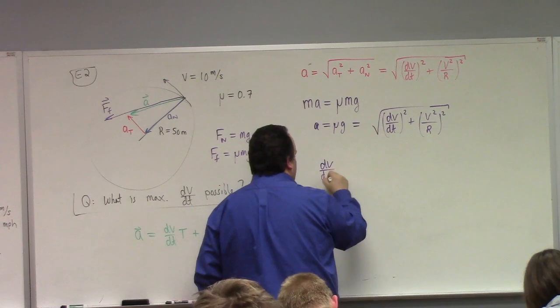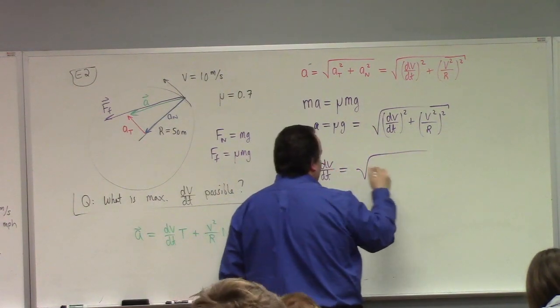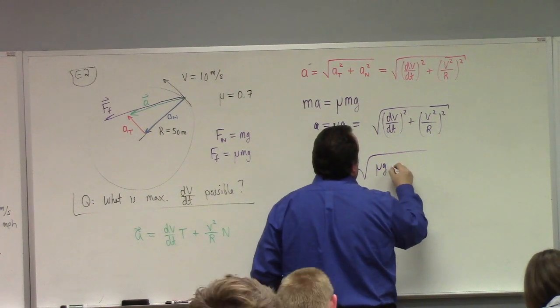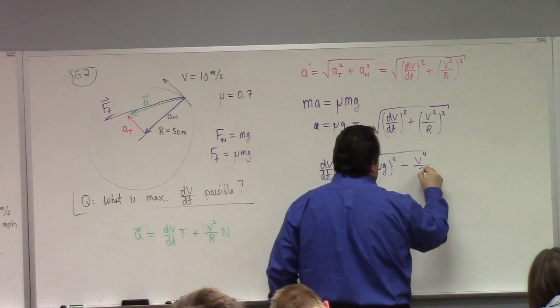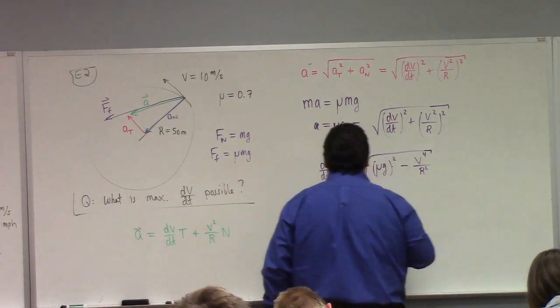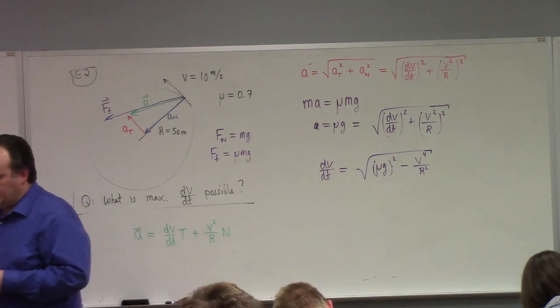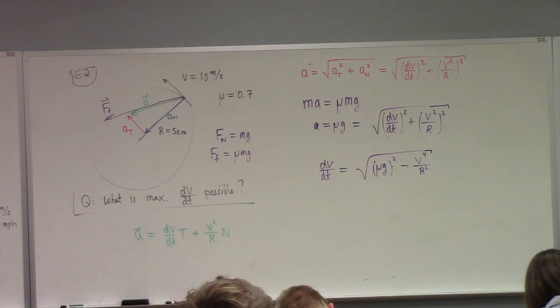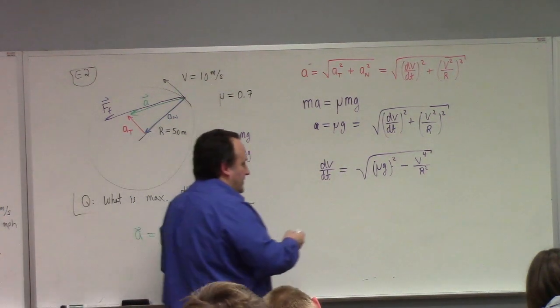We get dv/dt is equal to the square root of (mu g) squared minus v to the fourth over r squared. Whatever that is, that's the maximum amount you can accelerate. That's how fast you can speed up at that point, given these conditions.